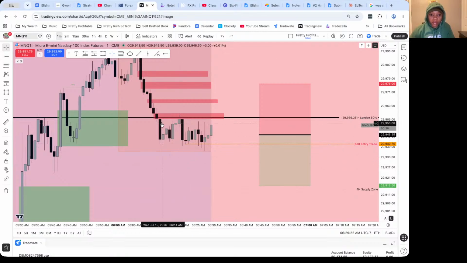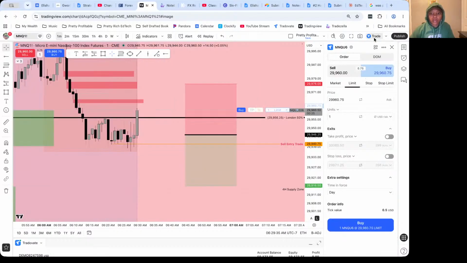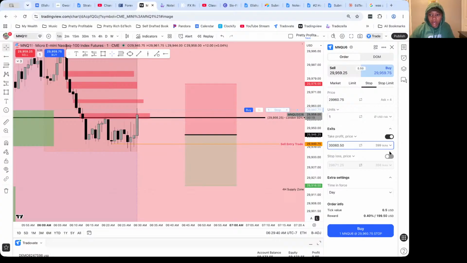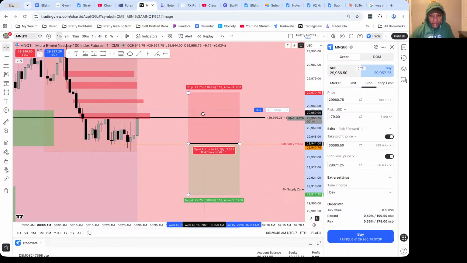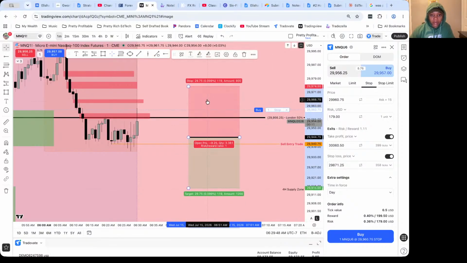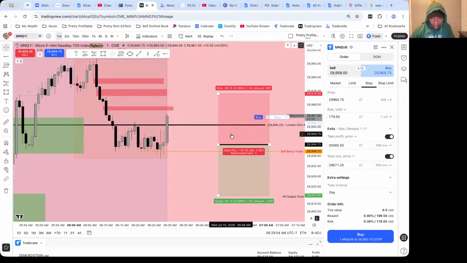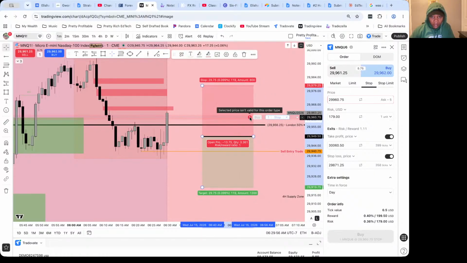Well, no. It has to have tapped here. So, hold on, y'all. Let me have my trade over here ready. Stop. It said all this needs to be set. Sheesh. Selected price is invalid.